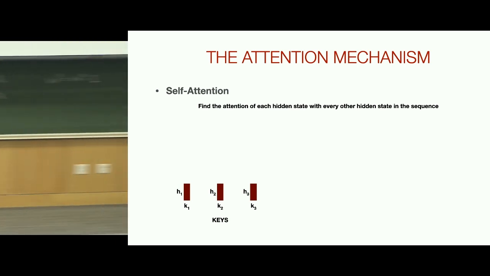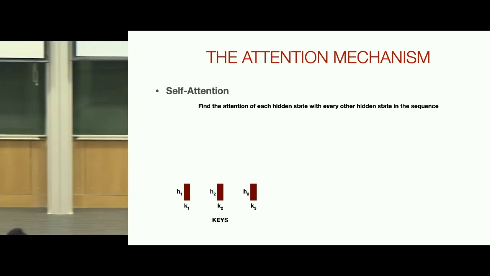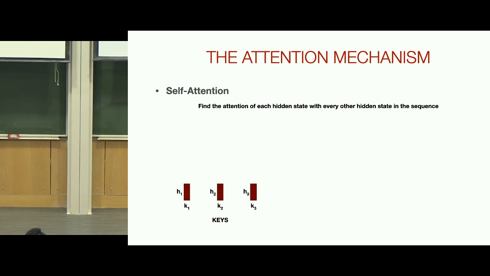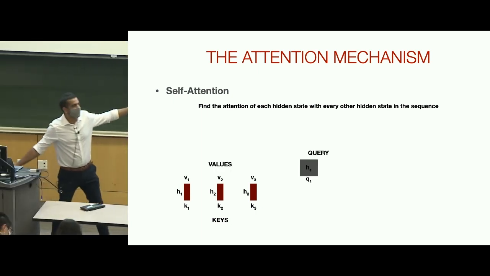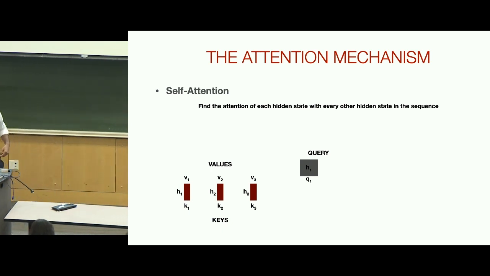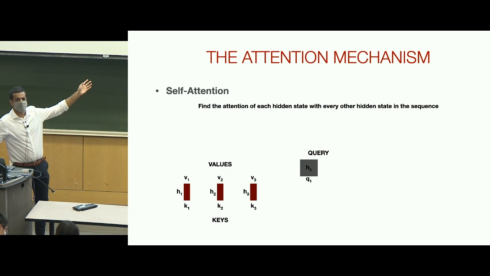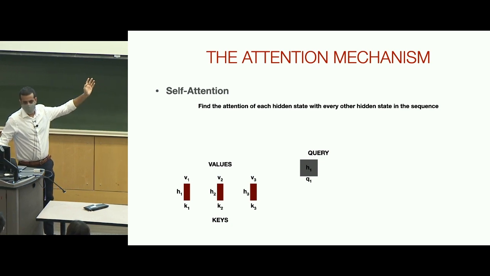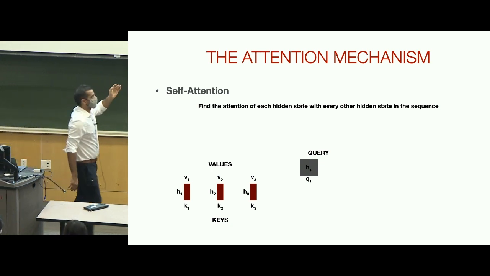Exactly the same formalism in terms of the nomenclature we use. Keys are the hidden states, or a generalization of the hidden states. Here they are the hidden states themselves. Keys are also the values. For each hidden state, we generate an output by taking that hidden state as the query.